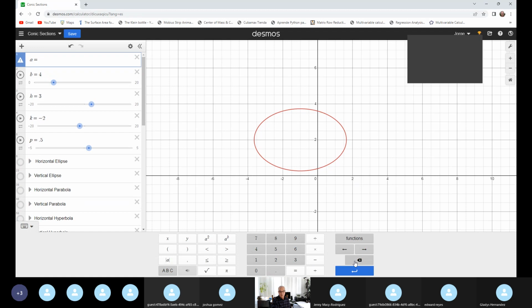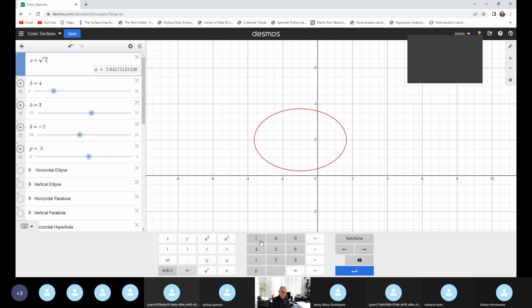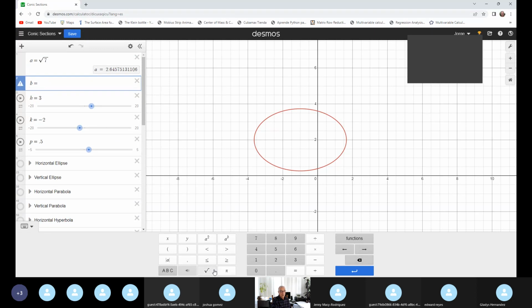You delete that. The only part you put is radical 7. 2.65 approximately. And likewise, we are using b. You delete that and you put radical 3.